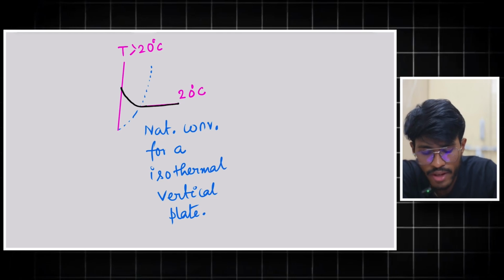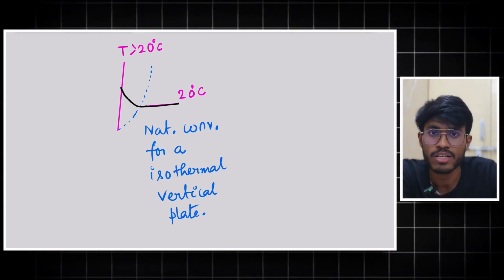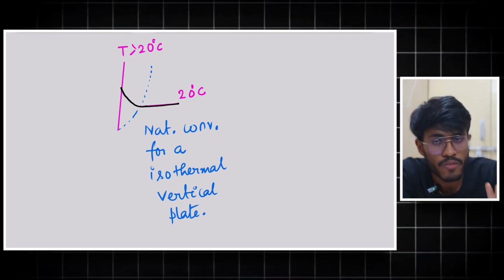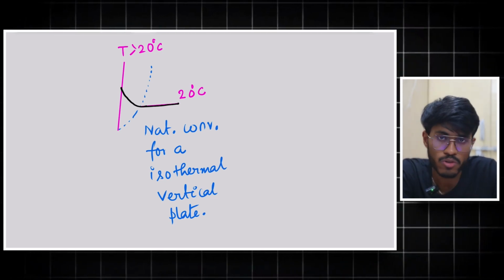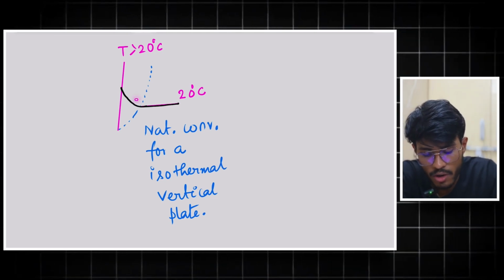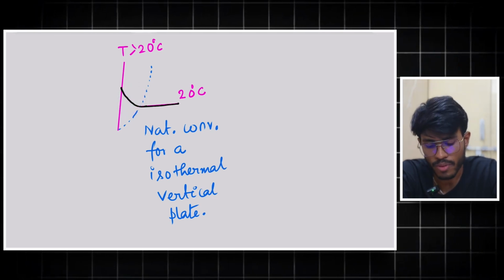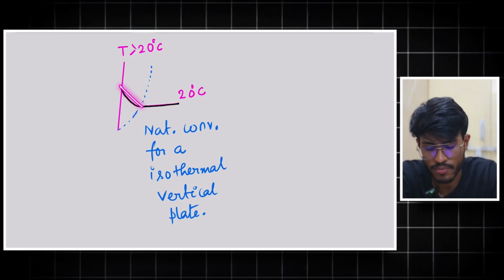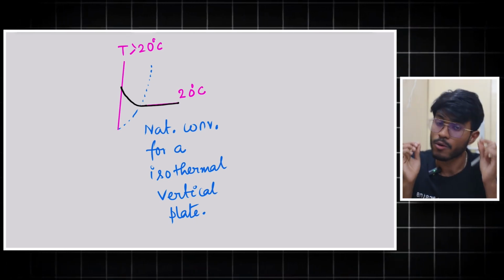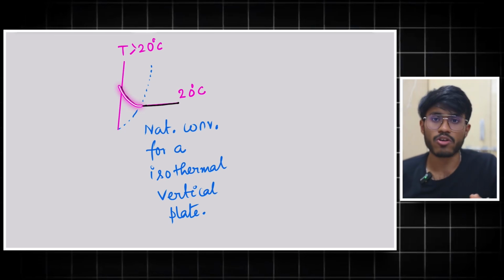If you are a student of mechanical, aerospace, chemical or production engineering, and you have studied heat transfer, the convection heat transfer, now you know that the temperature profile here will surely not be linear. So you cannot draw it like this, because when you draw a linear temperature profile, they will ask you whether it is a straight line or not.